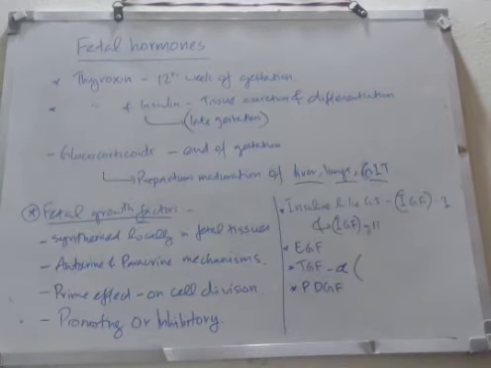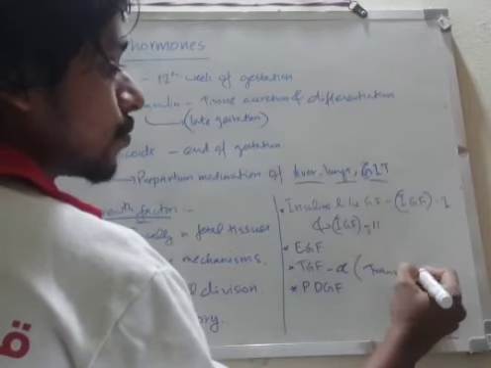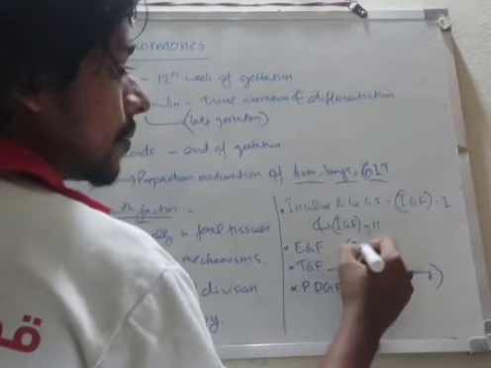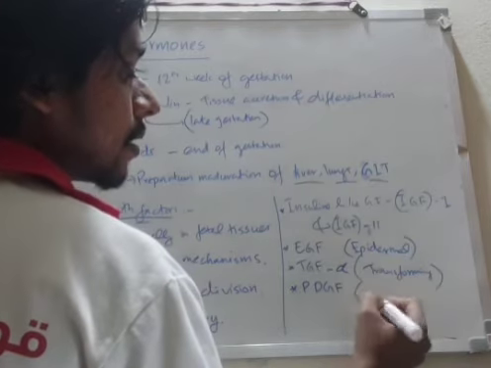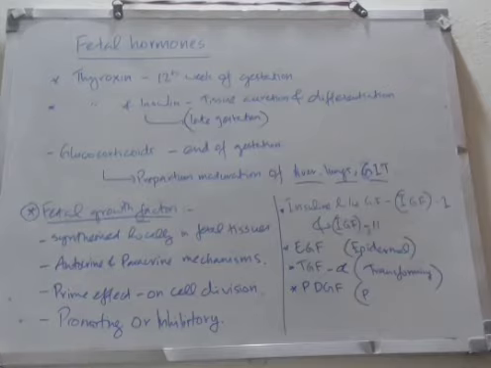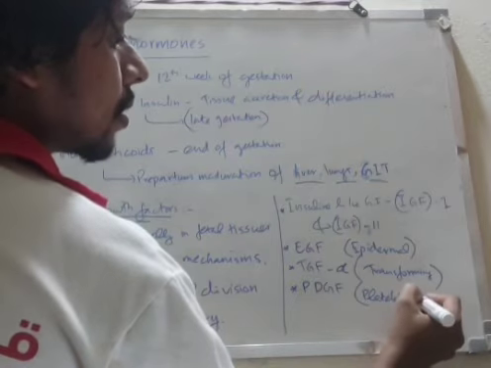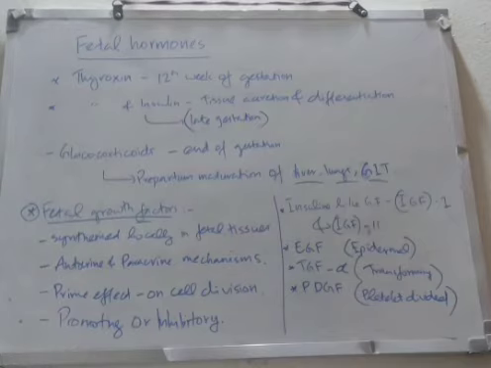TGF in full form is transforming growth factor, EGF is epidermal growth factor, and PDGF is platelet derived growth factor.